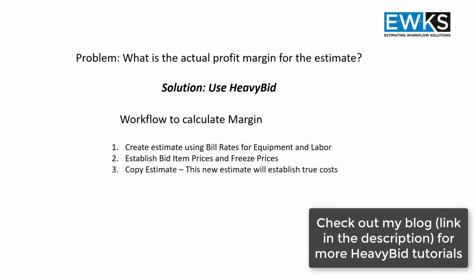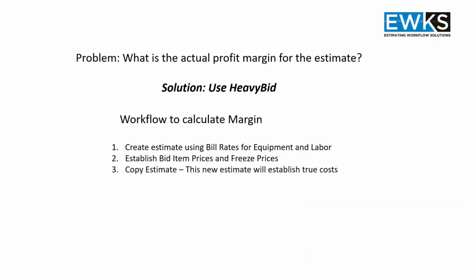And then we're going to copy the estimate, and this new estimate will establish true cost and our true profit margin. In this new estimate, we're going to import in the actual labor and equipment cost databases. So no longer will we be working with the billable rates.